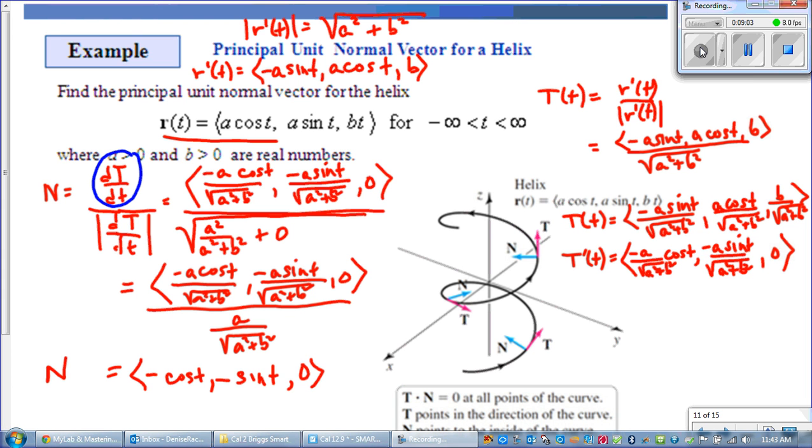Now, notice that the third component is 0. What that means is that this vector is in a horizontal plane. It's always going to be horizontal, so that z component is 0. This minus cosine, minus sine, if you remember a circle with radius 1 had a parameterization of just cosine of t, sine of t.